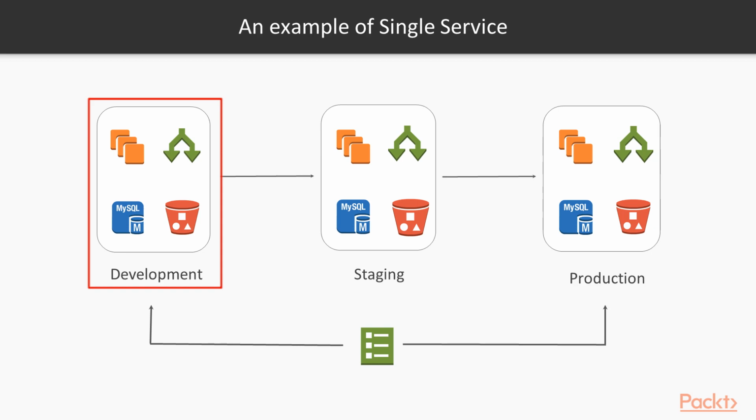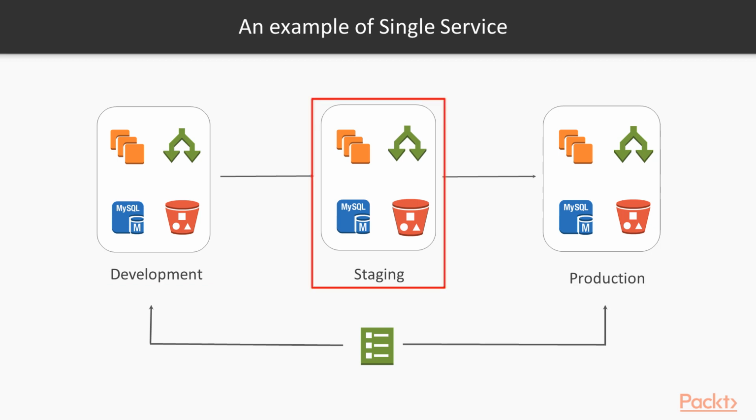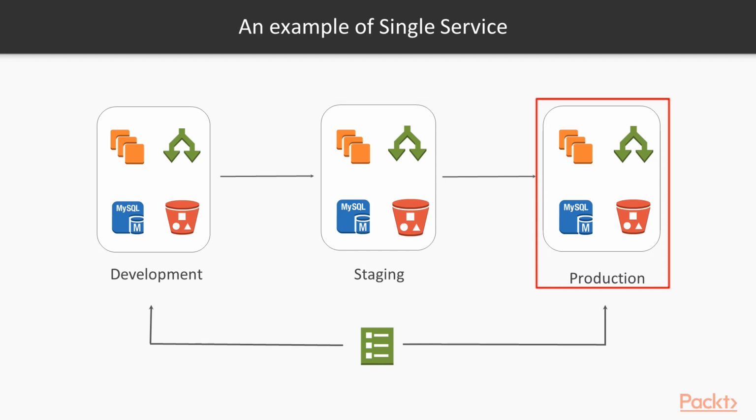Now, once this environment is built in the development environment, definitely there will be a need in the future that a similar replica should be built in the staging environment as well. So now you have the staging environment where you need to build the similar replica. Now, after the staging environment is tested and everything is working fine, again the requirement will come where you have to build a similar replica environment in production as well.